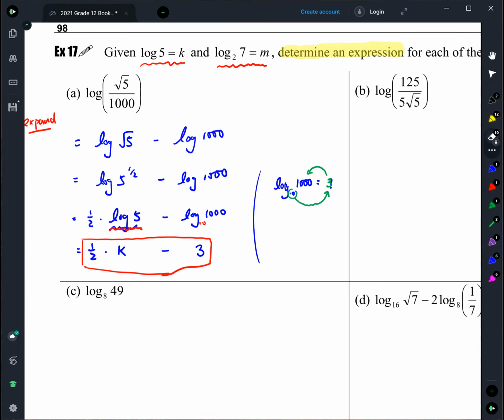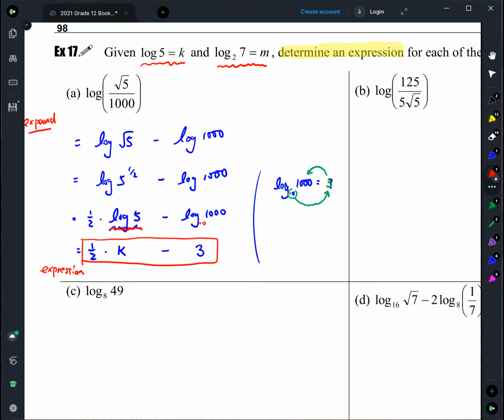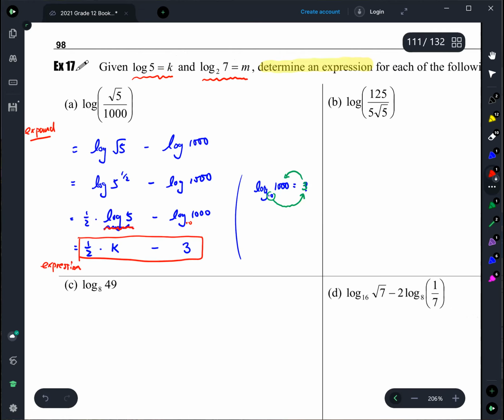Your final answer is called an expression. It has only numbers and the variable. No log. So please raise your hand if you have done this question.